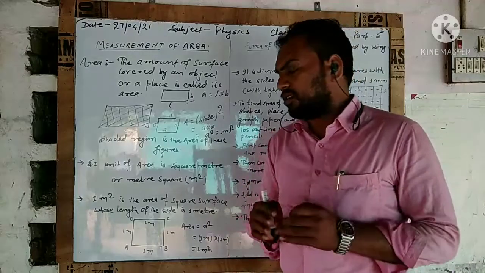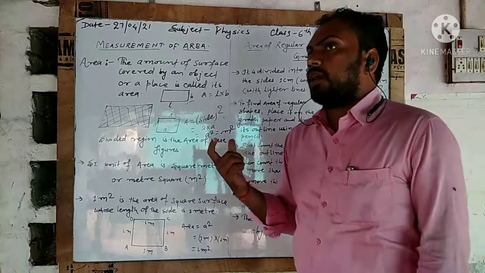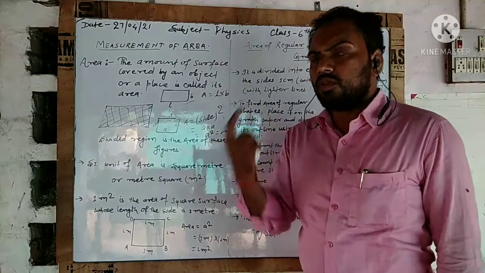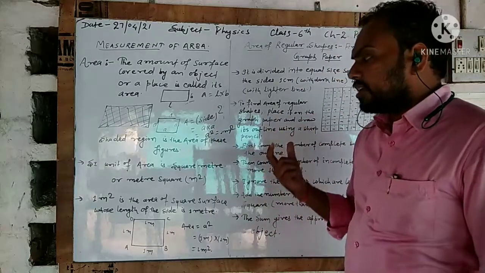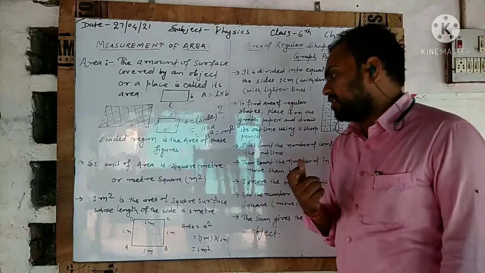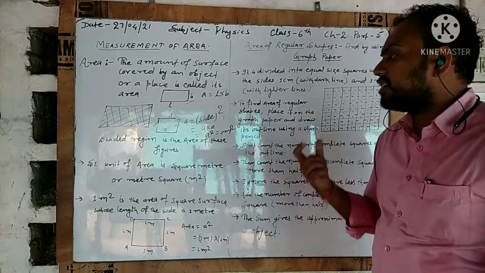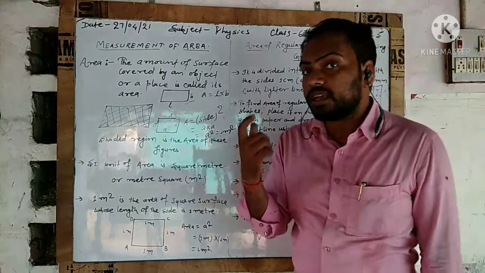I think you are clear about what 1 meter square is. It is the area of a surface whose side length is 1 meter, and it should be a square surface.